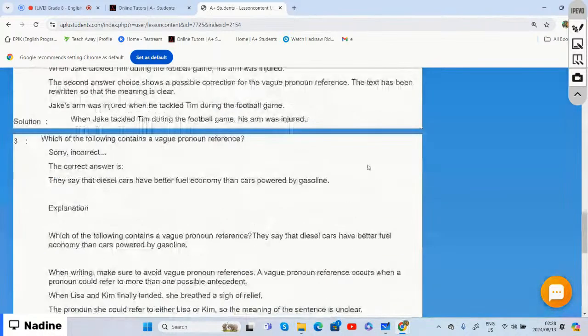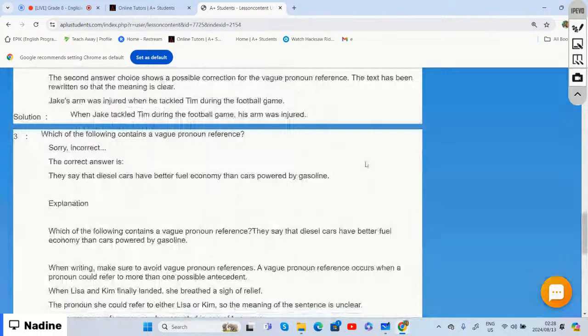Let's look at the last one and then we're going on to our test. It says they say that diesel cars have better fuel economy than cars powered by gasoline. So now the question is, who is the they?